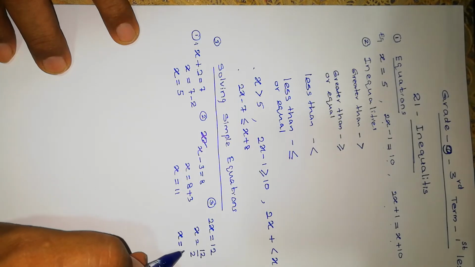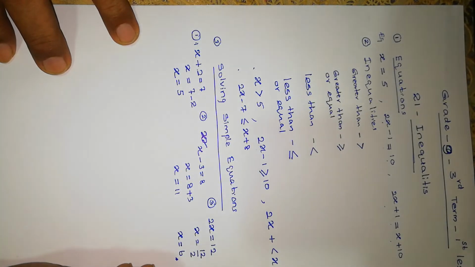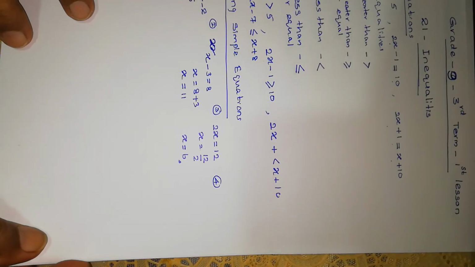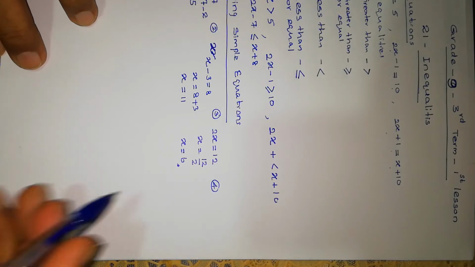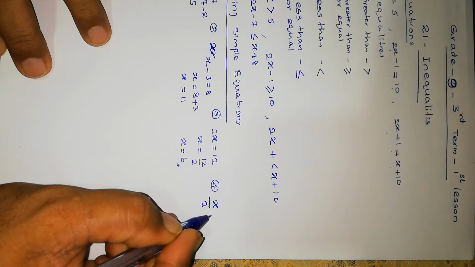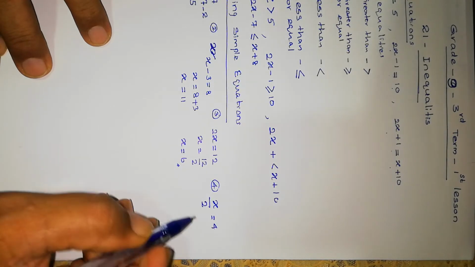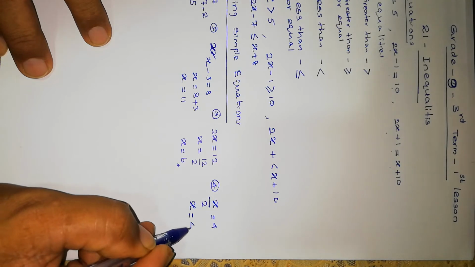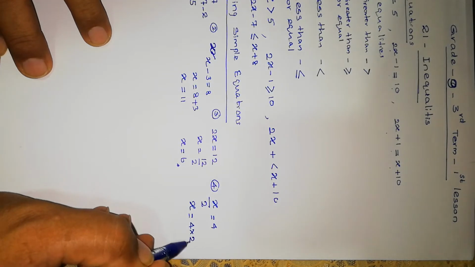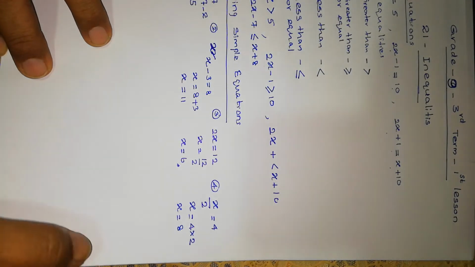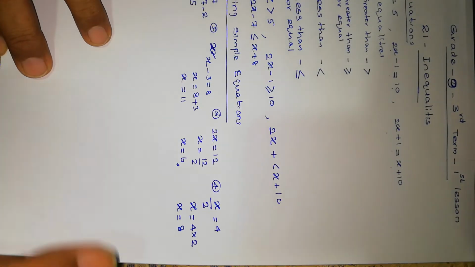Divide 12 by 2, x equals 6. Fourth question, question number 4: x over 2 equals 4. Now you have to move this division by 2 from left to right. Division by 2 becomes multiplication. Then 4 times 2 is 8. Question number 5.